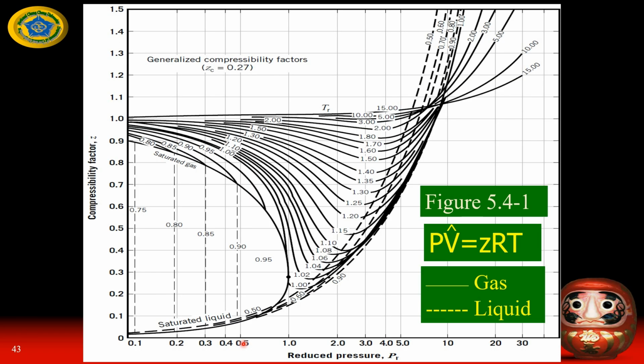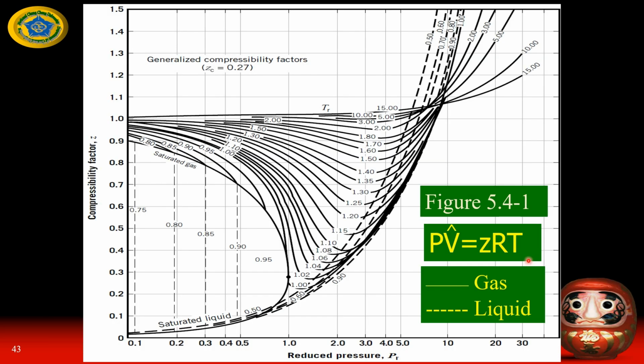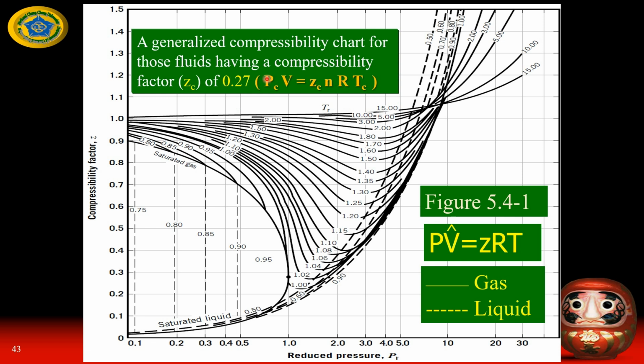Okay, so now I want you to work with me. This figure is an enlargement of that one, made bigger. As you can see, there is TR here, and PR and Z here. This generalized compressibility chart assumes ZC is equal to 0.27. ZC has no real physical meaning, but its definition is PC times VC equal to ZC times nRTC.